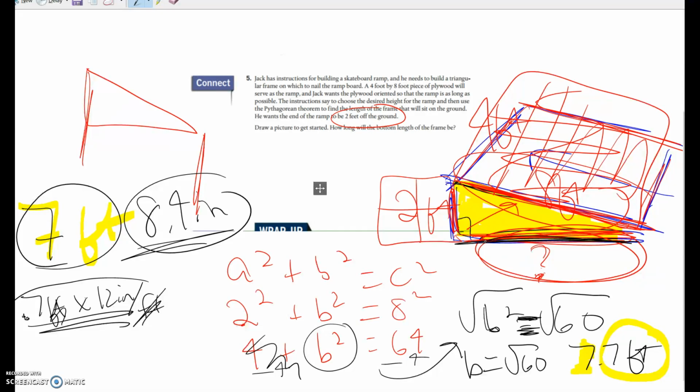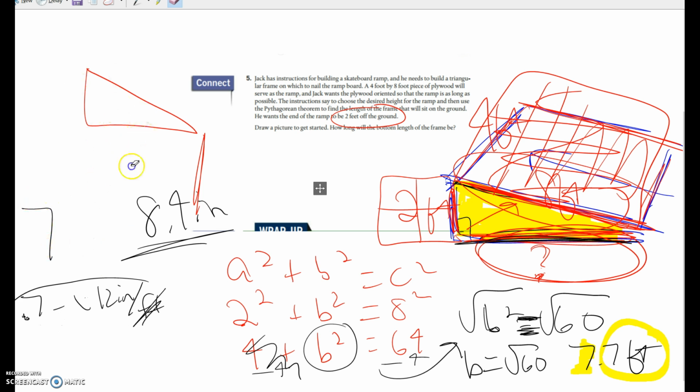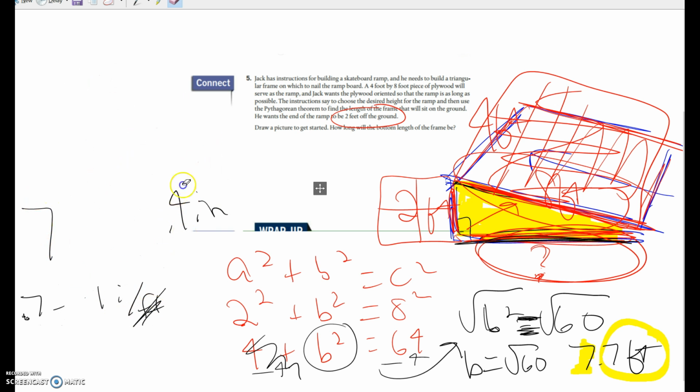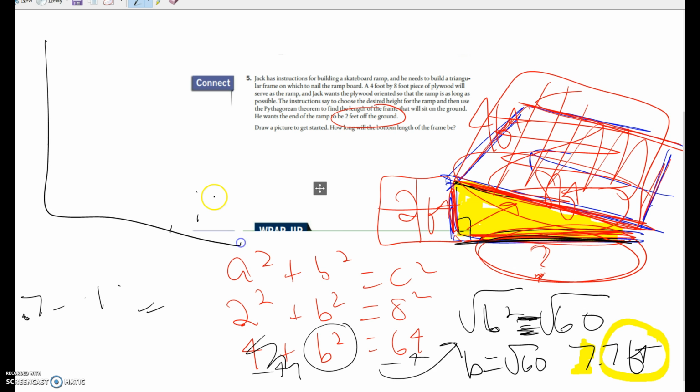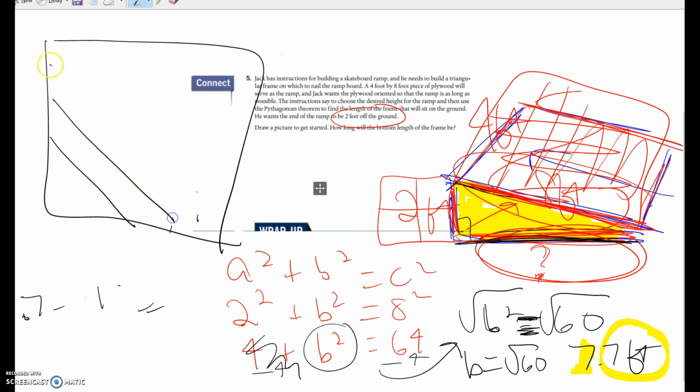On your homework in your book, just a quick hint here. On problem number 3, B and C, when you draw those triangles that fit in that space, if this is your grid paper, your triangles are going to go kind of like this.